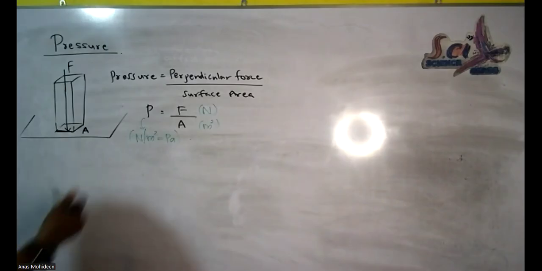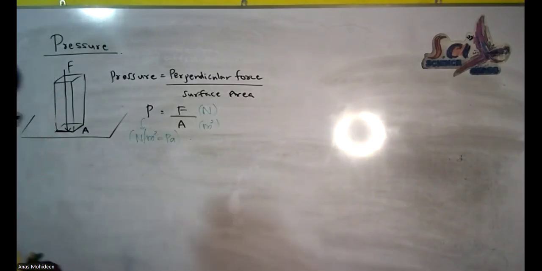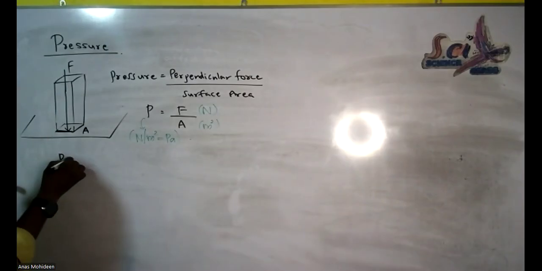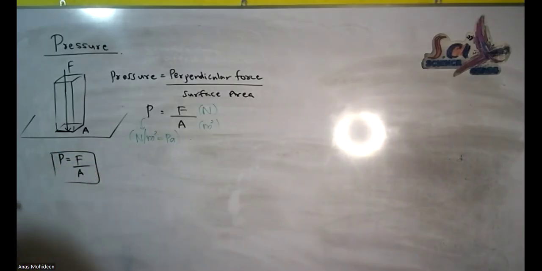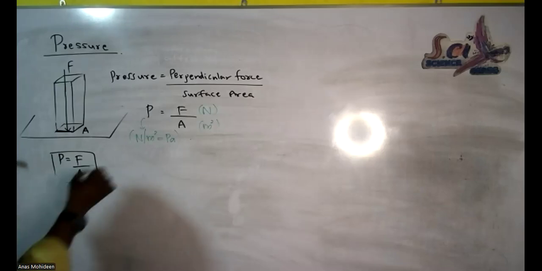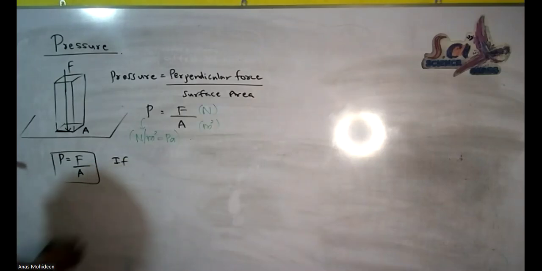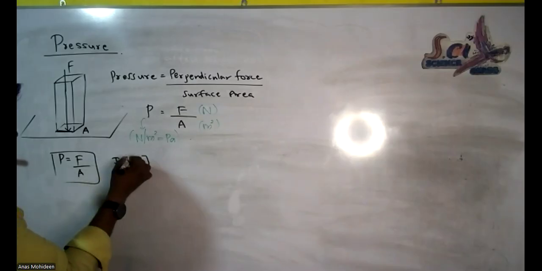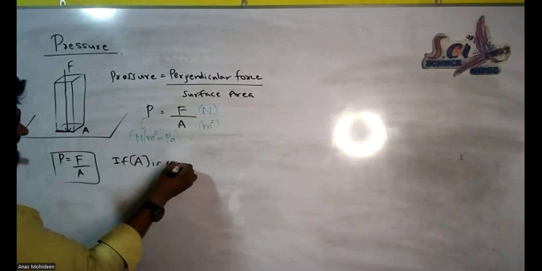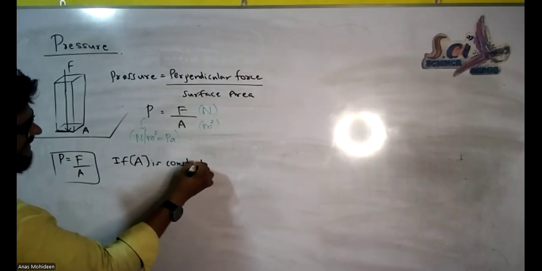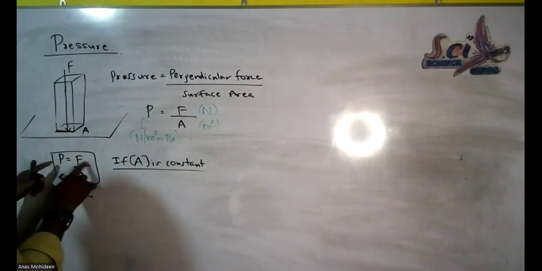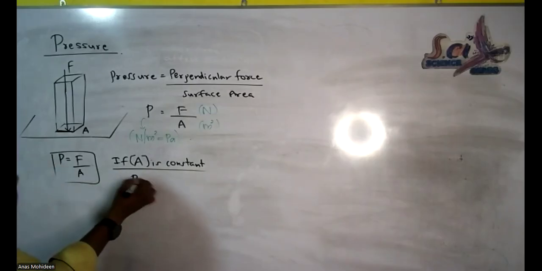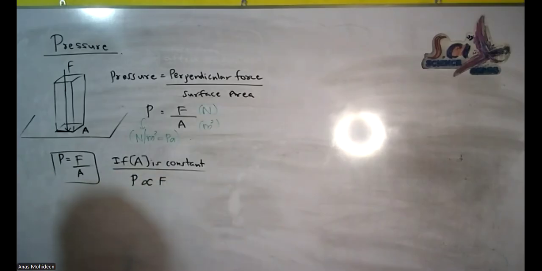Now the relationship between these, right? P equals F over A. Let's say we're going to keep the area constant. You don't change the area. Then the relationship between P and F is like this: P is directly proportional to force.